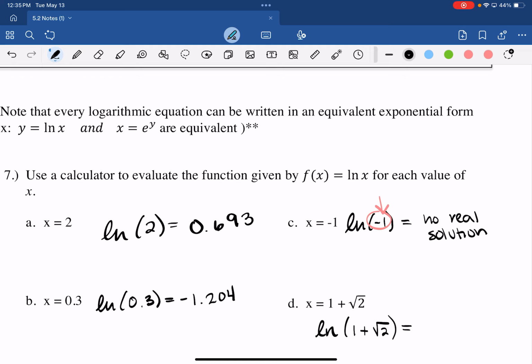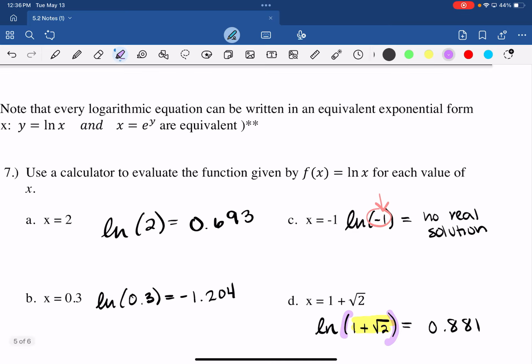And we should get 0.881. Another way you could do it is type this into your calculator first, get a number, and then do the natural log of that number. But if you want to do it all in one step, you just have to make sure those parentheses are around it. Any questions on our calculator buttons?